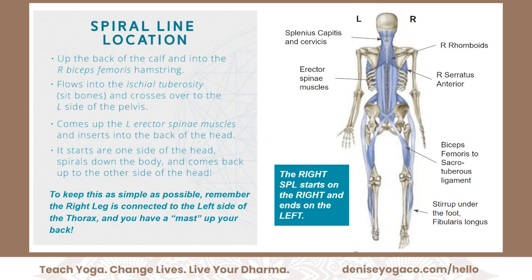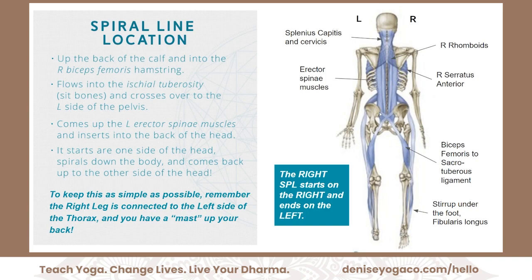But the spiral line just incorporates this one, in concert with the iliotibial tract. So this one is coming from the fibular bone straight up to your sitting bone, remember?